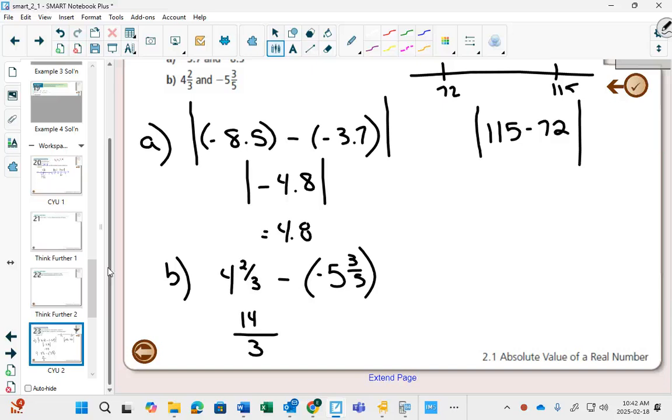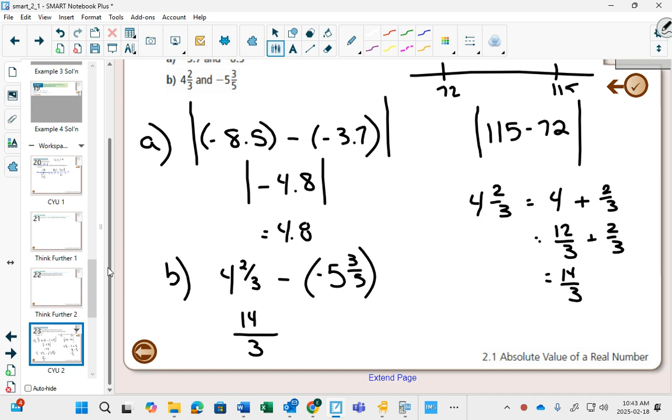Because the 4 is really 12 over 3. Like 4 and a mixed fraction is really 4 and the "and" is like a plus, it's 4 plus 2/3. And the 4, if you're adding fractions, you need a common denominator, which gives you 14 over 3.